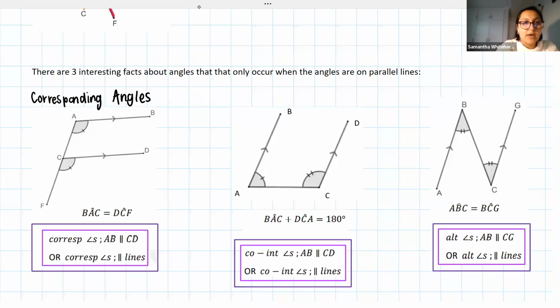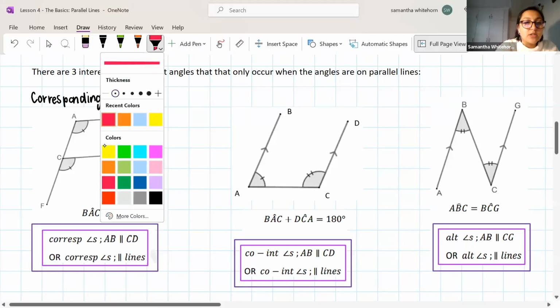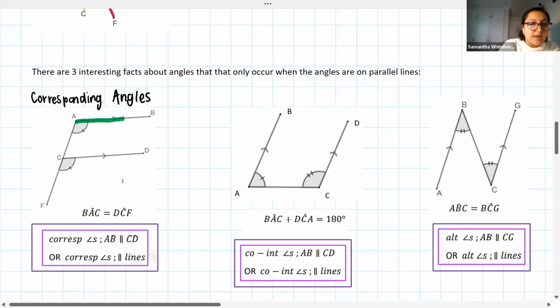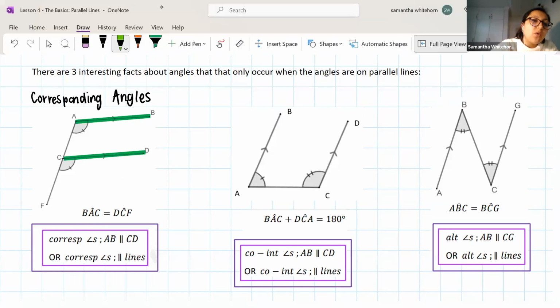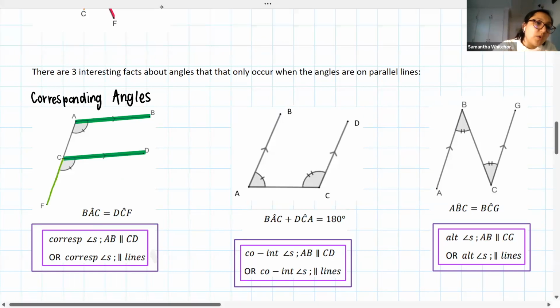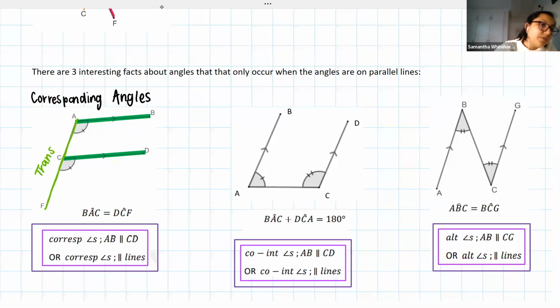If we look at our diagram, the first thing I always do is find my parallel lines. That's just a must. We do that first. So I can see that AB is parallel to CD. I know that it's true because there's arrows on them. Those arrows are telling me they're parallel. The next important bit, guys, is we always should have a line joining the 2 parallel lines, and that line is called a transversal.